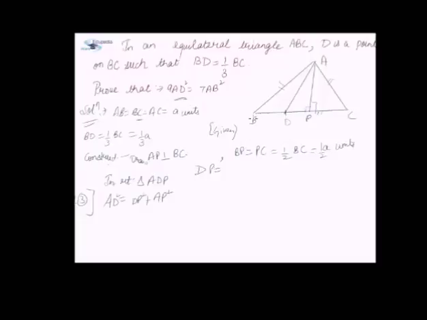DP is BP minus BD, the complete half side BP minus this part given BD. Now BP is from here 1 by 2 A units, and BD is 1 by 3 A units. So we can take LCM and we will have 1 by 6 A units as DP.